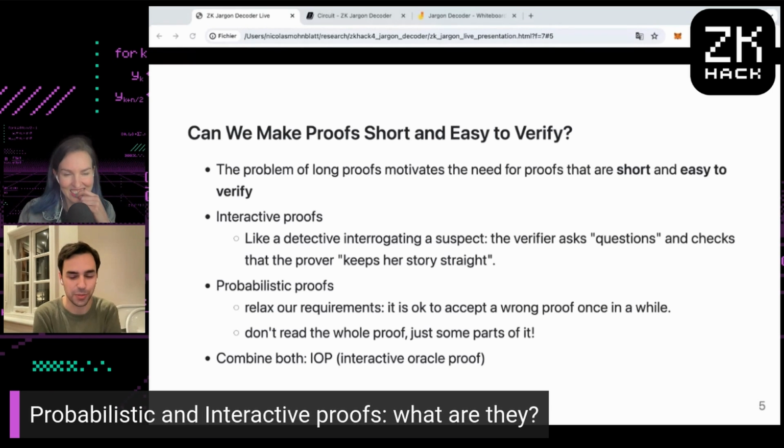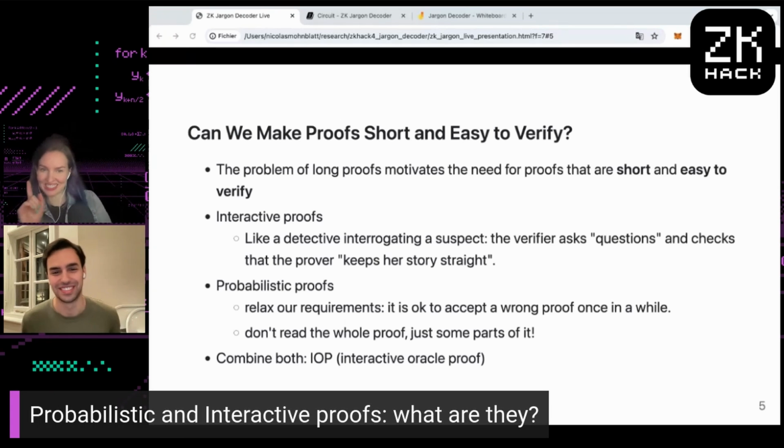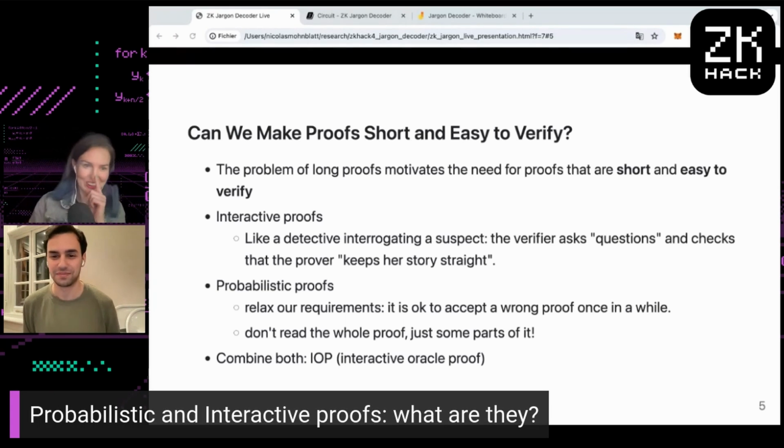The billiard balls one I knew of was for elliptic curves and the discrete logarithm problem, in which case it's more about why a problem is hard rather than what proving is. Okay, maybe I'm thinking of something else. If someone knows, they should say in the comments if that is an interactive probabilistic proof or not. Maybe it's not.